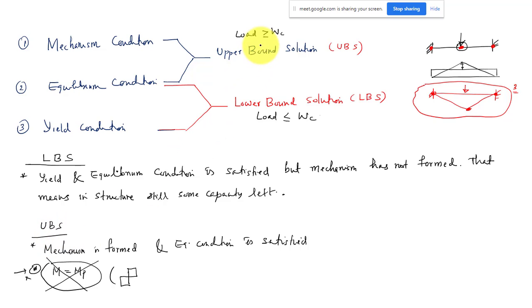Okay, so actually we will use both theorems or both methods, and finally we will take the lower value as your solution if they are not matching. And if any solution satisfies all three conditions, that will give you a unique solution for your structure. A unique solution means that will give you the correct answer. How to apply this in a problem, that we will discuss.